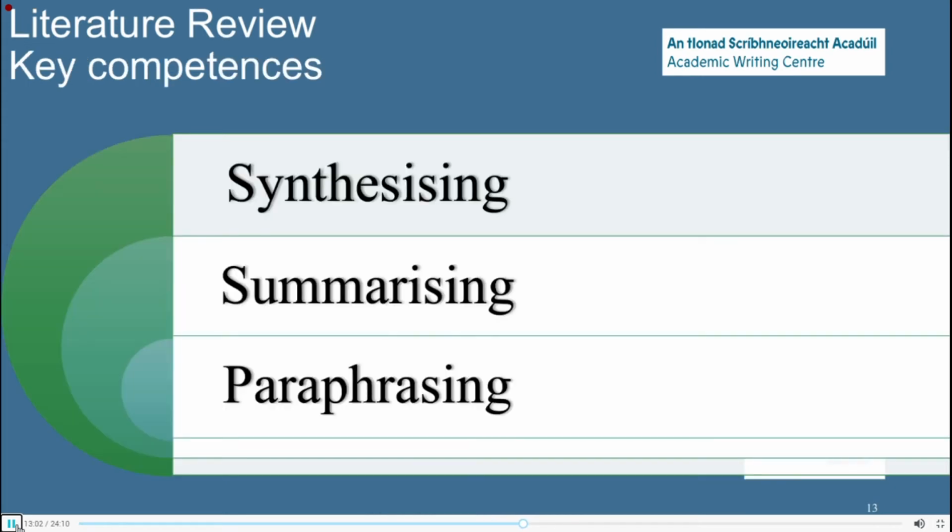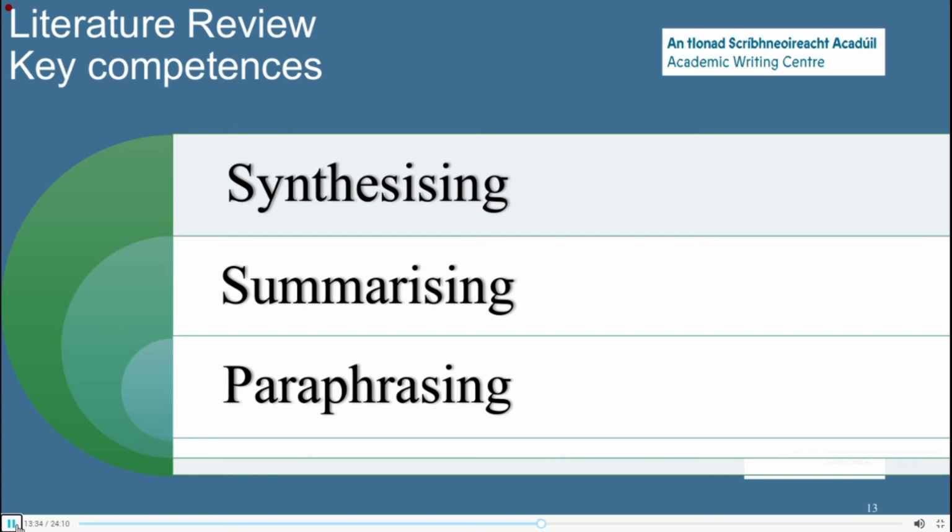We're moving now to the key academic writing competencies that are essential to carry out a successful literature review, and they are synthesizing, summarizing, and paraphrasing. These are key competencies, and you may have already become acquainted with them, but we're going to take them in turn and explain and see how you can use them in your own writing.